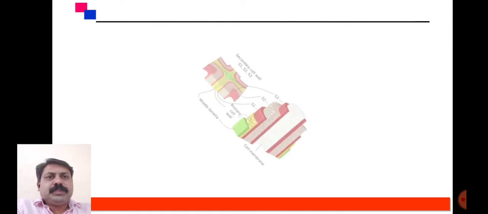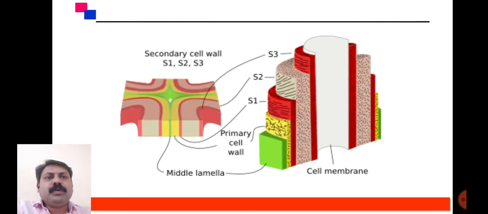This is one more picture of the cell wall. So on the right hand side we can observe the histogram-like image where the cell membrane is on the inner side, next to the cell membrane there is the secondary wall, third layer, second layer, first layer, then the primary cell wall and the middle lamella.